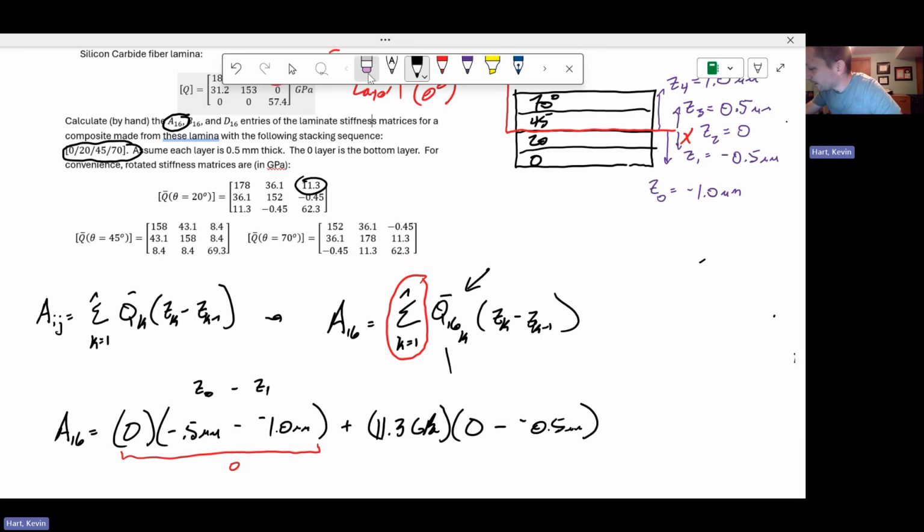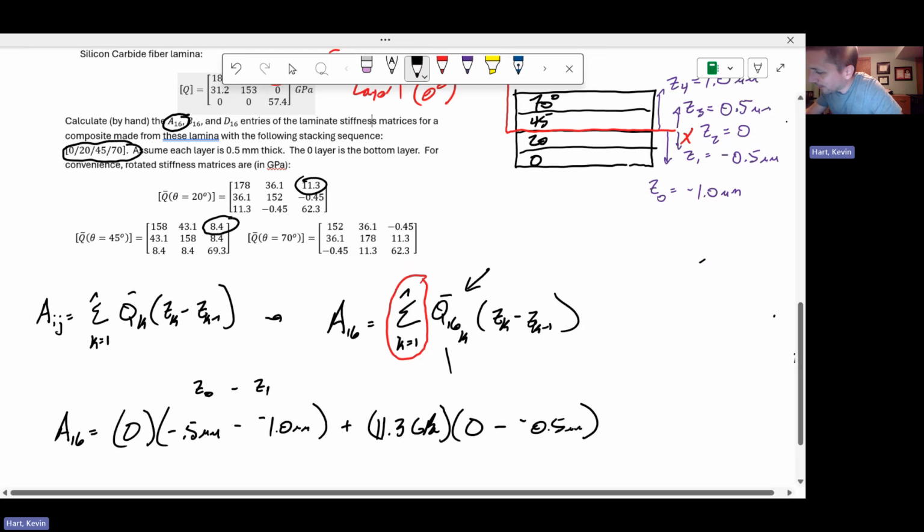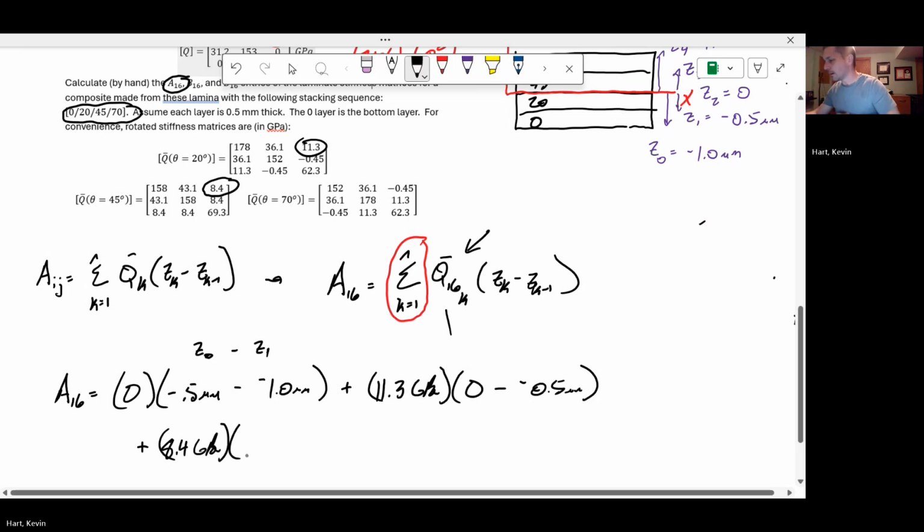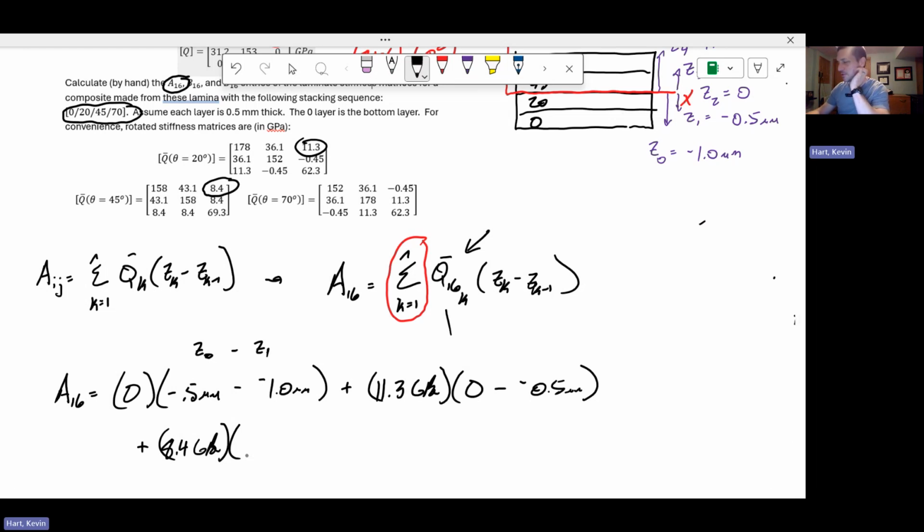So let's look at the third layer. The third layer is the 45-degree layer. So we need the 16 entry of the 45 layer. That's 8.4 GPa times Z3 minus Z2. Z3 is 0.5 minus Z2, which is 0 millimeters.